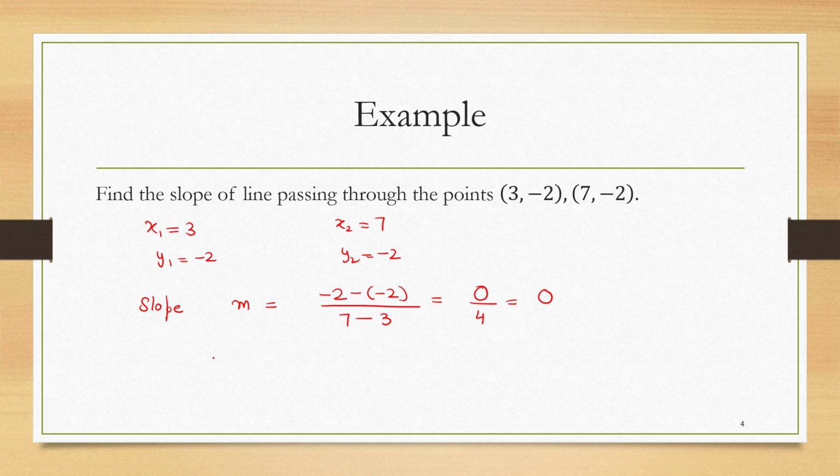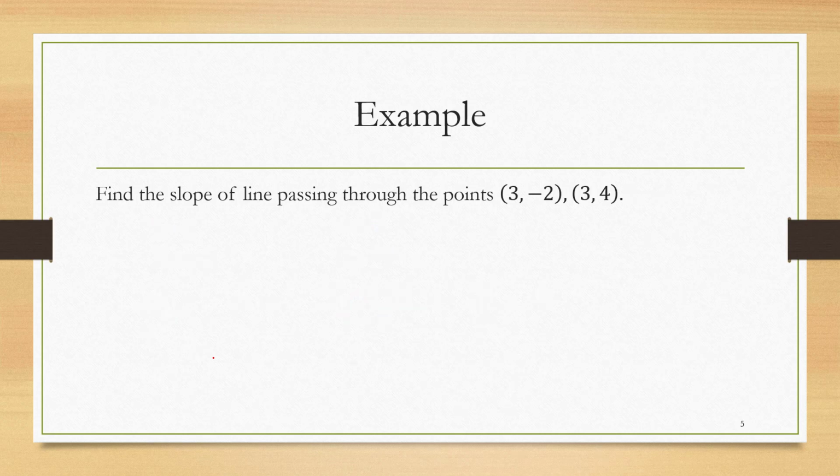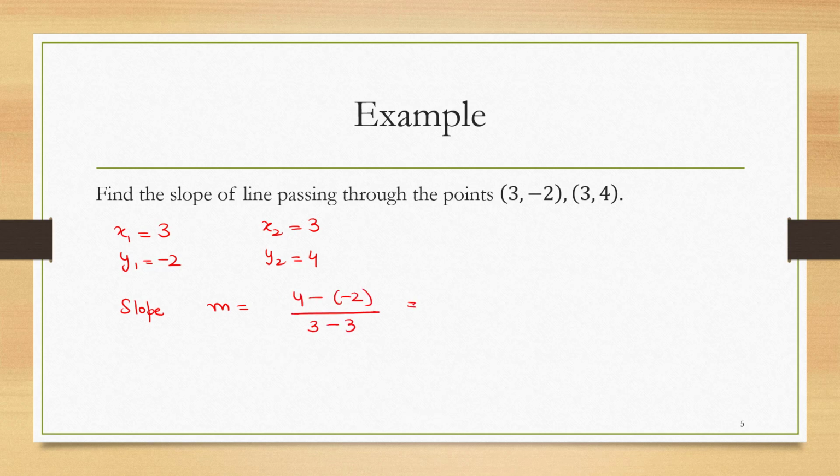Let's do another example in which the x coordinates are the same. So here x1 is 3, y1 is -2, x2 is 3 and y2 is 4. So slope, that is m, is given by (y2 minus y1) divided by (x2 minus x1), that is 6 upon 0, or infinite.